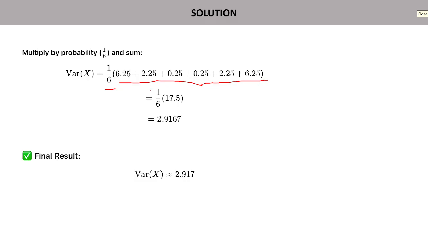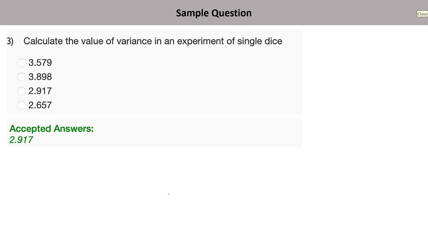So it will be 1 by 6 times 17.5, which will give us the answer 2.9167. So the variance of x will be 2.917 in this case. So option C will be correct. Option 2.917 will be the variance in an experiment of a single dice.